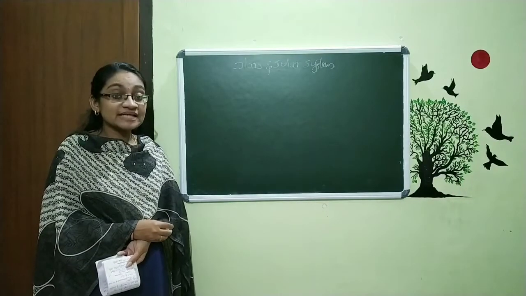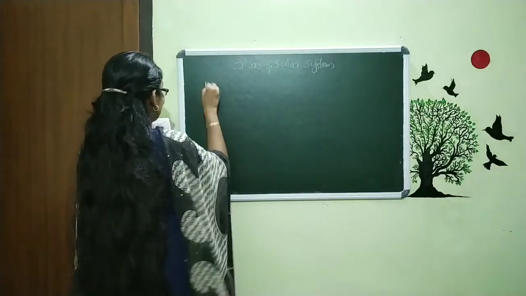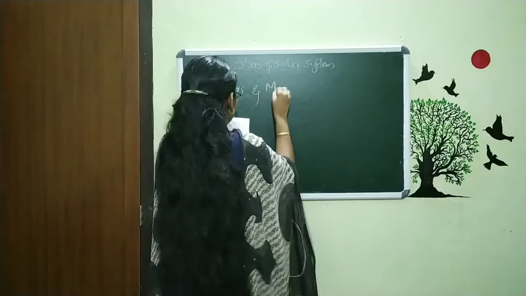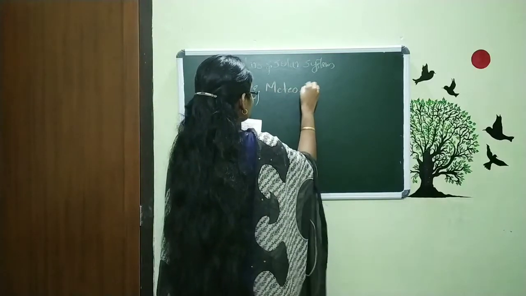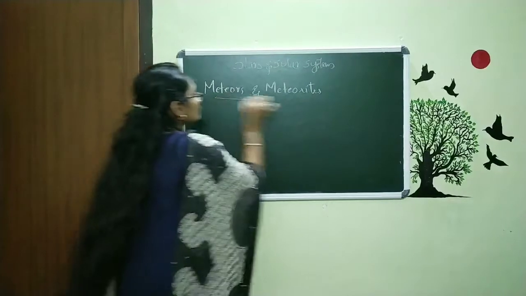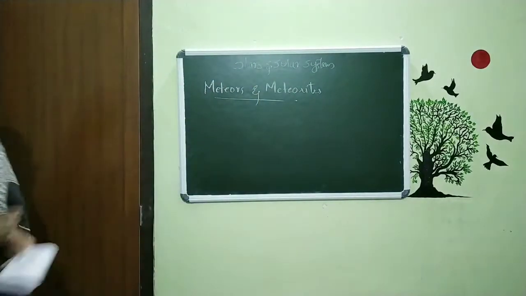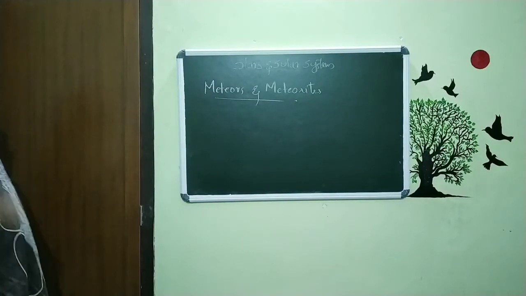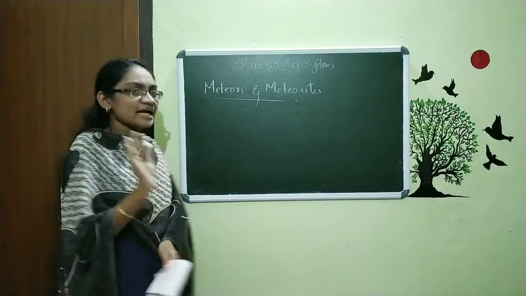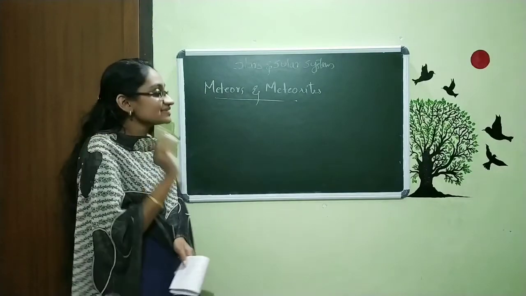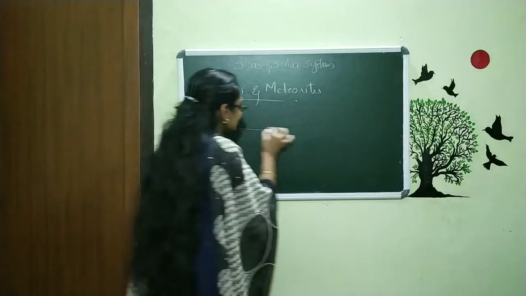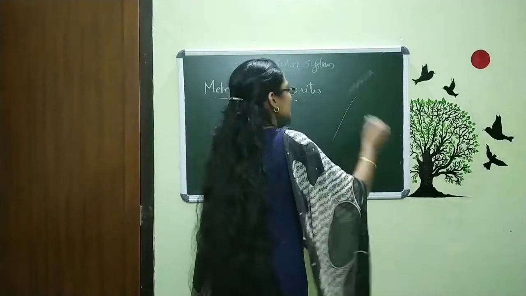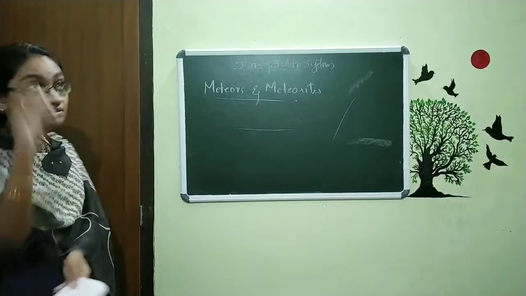The next we want to study about meteors and meteorites. This is our next topic. Now the question is, what is this? When you observe the sky on a dark night, and if there is no moon, you can see some sort of lines in the sky.